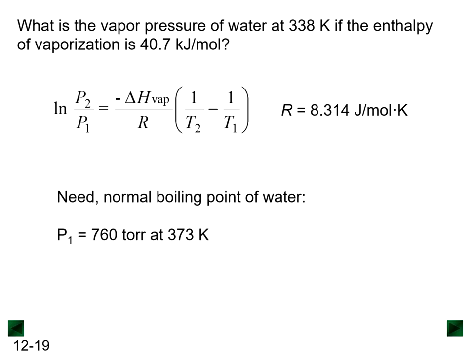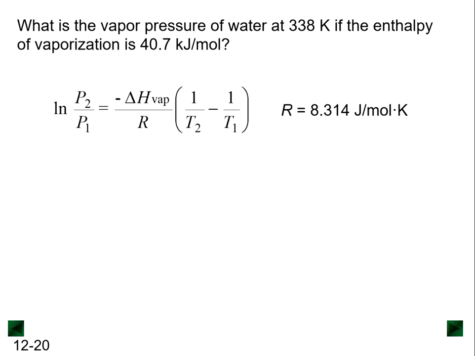So, using the normal boiling point of water and converting the enthalpy of vaporization to joules, because we need to be careful. Delta H vaporization is in kilojoules per mole as given. R is in joules per Kelvin mole. So with this conversion, then we can plug in values.